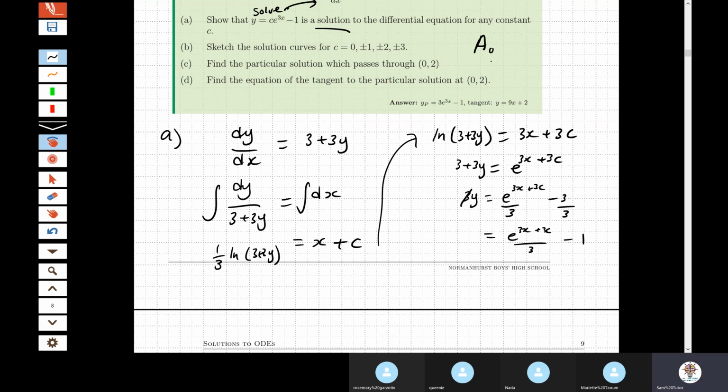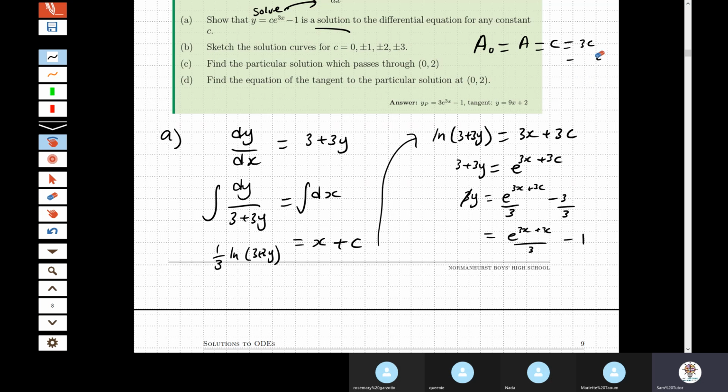It can stand for anything. So A naught can be C, A naught can be 3C, A naught can be e to the 3C. As long as it's all constants, A naught can equal anything. It could even equal Sam, as long as Sam is a constant. You got to understand that logic.